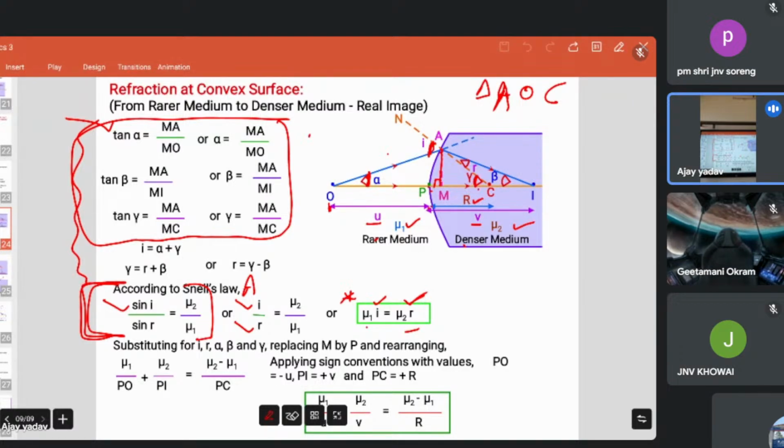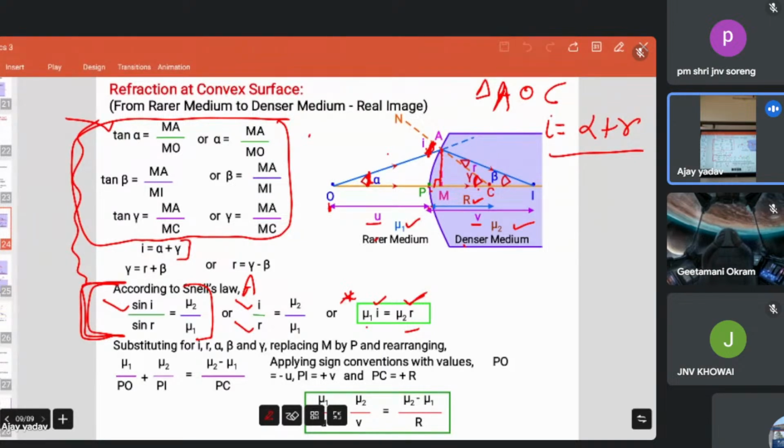We know that the exterior angle of a triangle is equal to the sum of the two interior opposite angles. So we can write directly I equals alpha plus gamma.